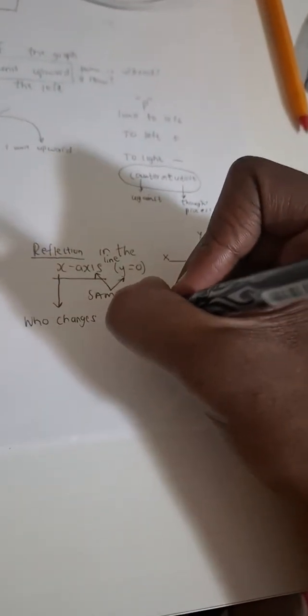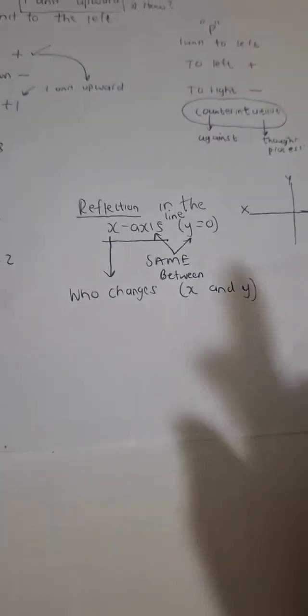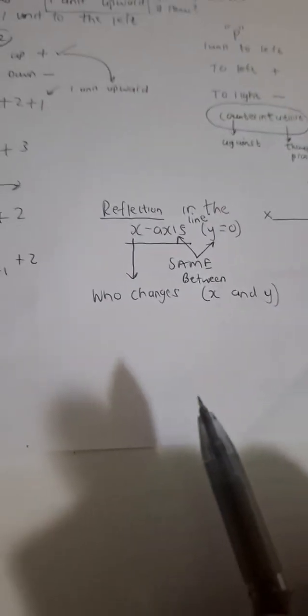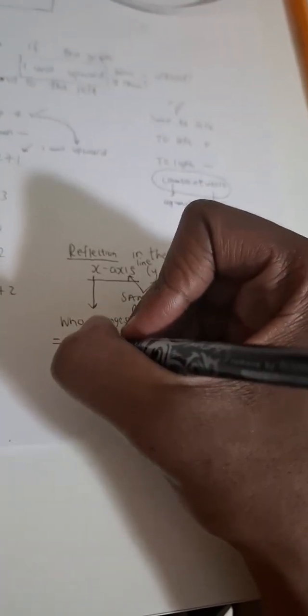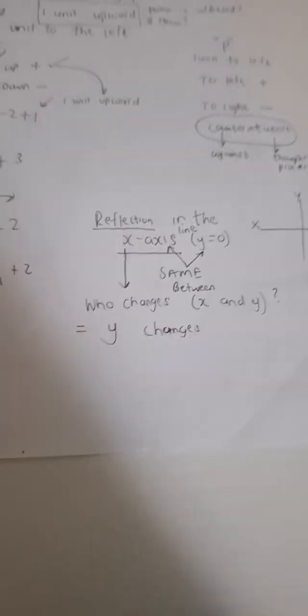The question is, who changes between x and y, if we are reflecting in the x-axis? And I want to say that the one that changes between x and y is y. Y changes.